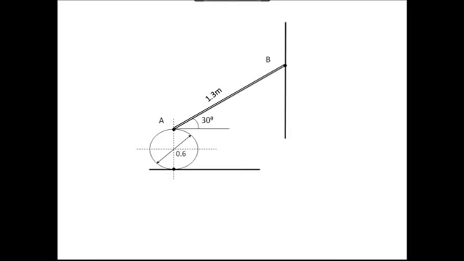For AB, B's velocity is up, and A's velocity is towards the right, horizontal, because if you join the velocity center of the cylinder to A, it's a vertical line, so A's velocity is along a horizontal line. I know two velocity directions on AB, I draw perpendiculars, and here I have the velocity center I.